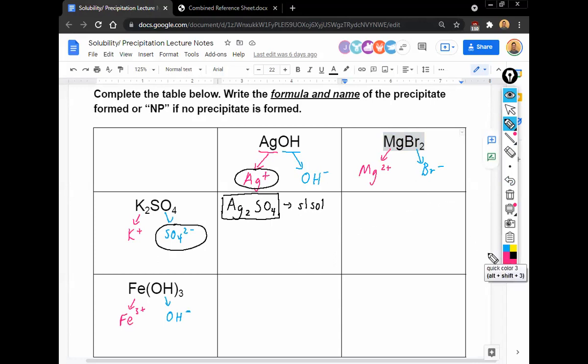All right, and then we'll take the other one. We have K plus and OH minus, and they're going to combine. If they combine together, we'll get KOH. You only need one of each to balance it out. If you take a look at the table, does KOH dissolve in water or does it not?